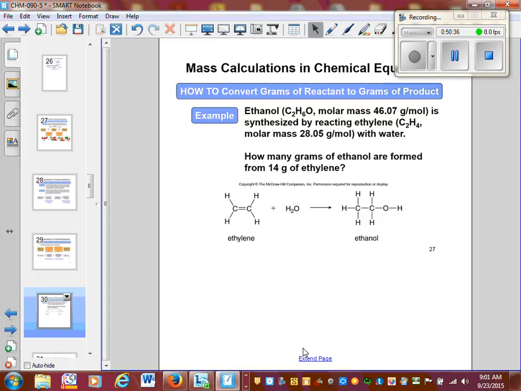What do we want to know? Grams of ethanol. So we want to know grams of B. How many steps do we have to take? 1, 2, 3. According to our map.